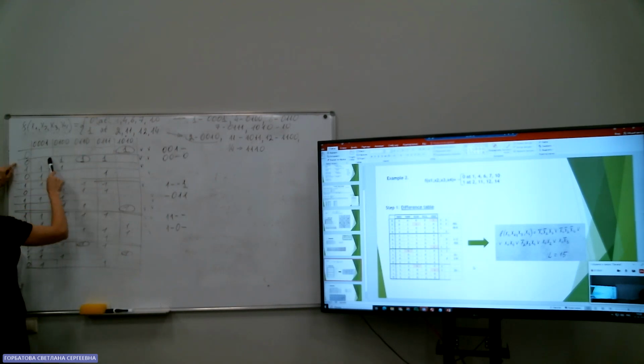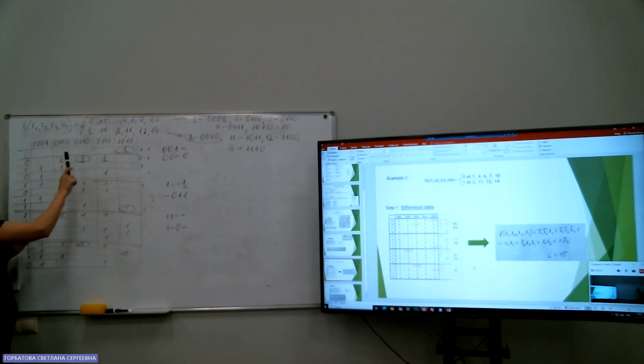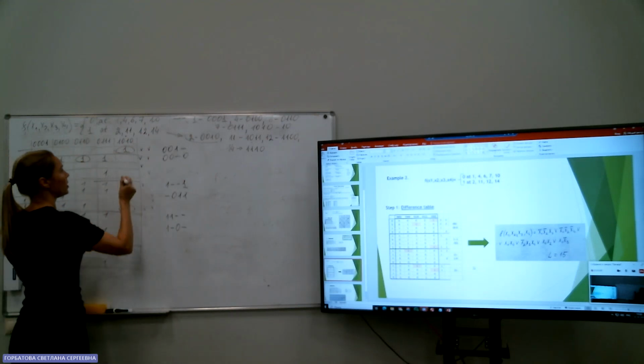So without this row, it's not possible to cover this column. So it is necessary to use this row because of just one digit 1 here, and this because of just one digit 1 here. So it is basis.